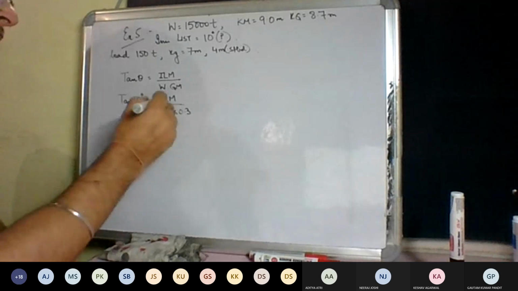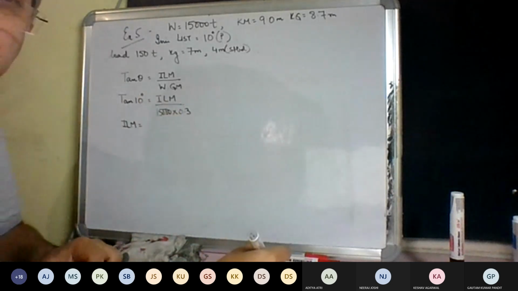So calculate, cross multiply and calculate the initial listing moment.